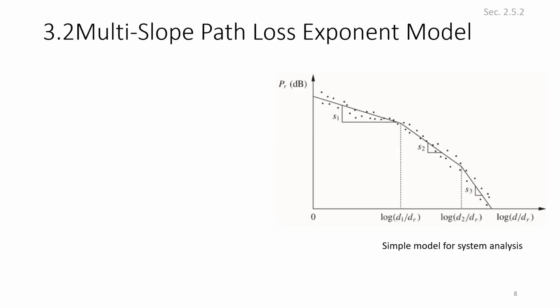For the multi-slope, still path loss exponent, but we have multi-slope. So we divide the distance into stages, because when we took the measurement, we found it's not really linear. So why do we take one exponent? So we have different critical distances.